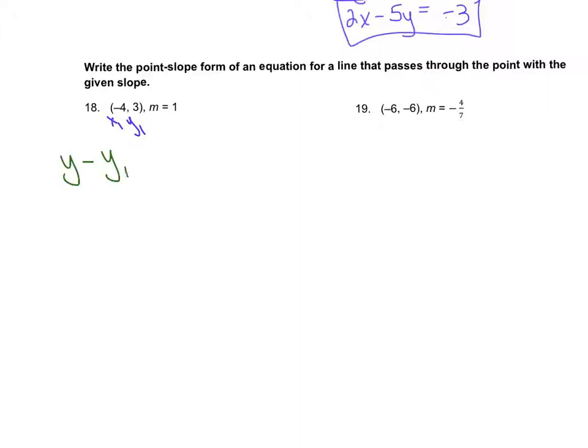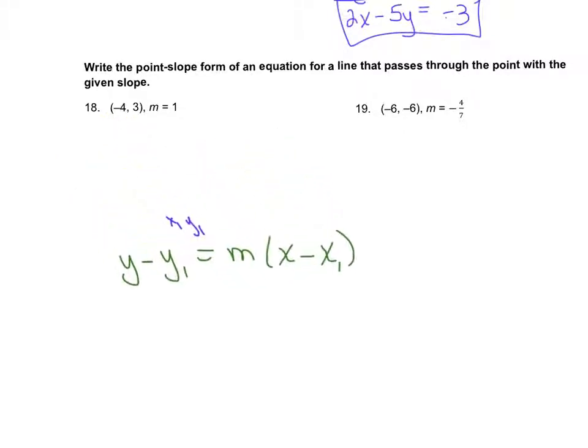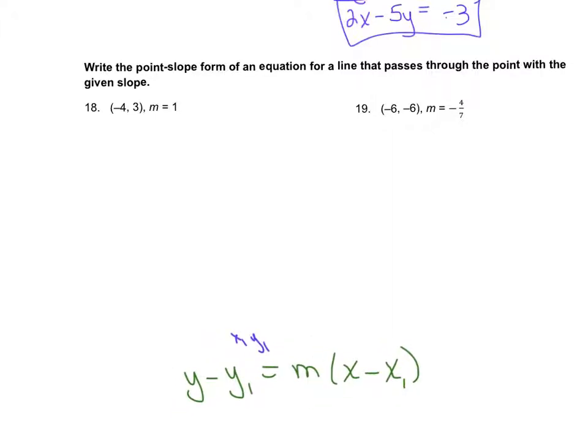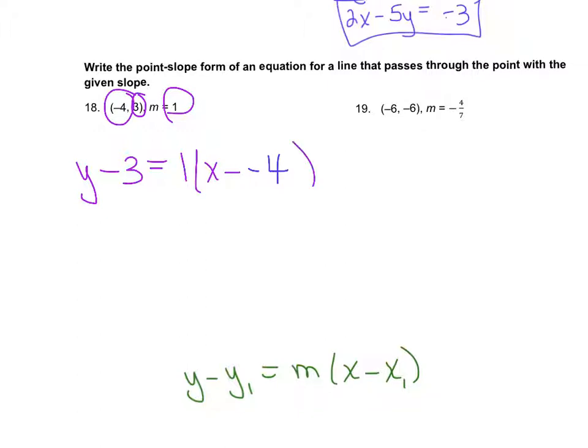y minus y1 equals m times x minus x1. That is the point slope formula. So, even though I ended up taking the x1, y1 part, you're going to do y minus y1 equals m times x minus, careful with your double negatives because it's minus negative 4, which becomes plus.